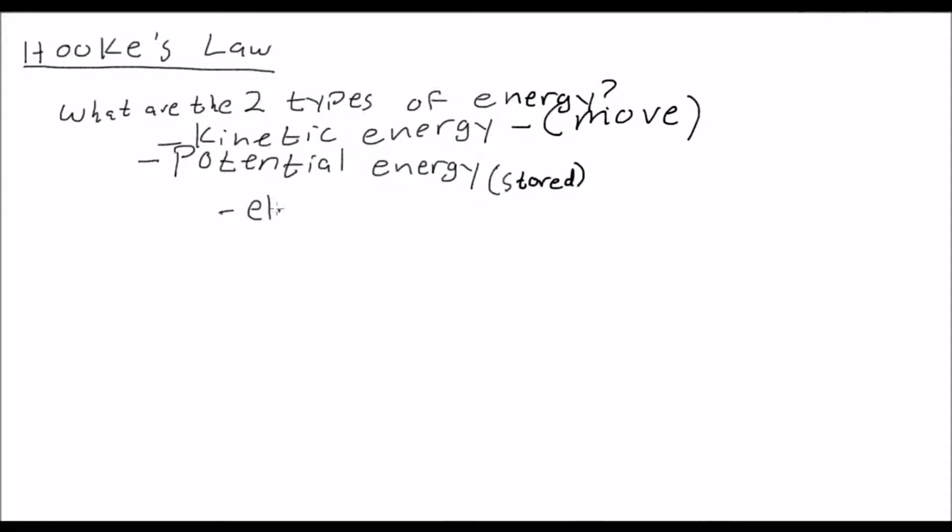So there's elastic potential energy. We also know that there's gravitational. These are two of the primary types of potential energy, but it's not just limited to these. There are some other ones too.